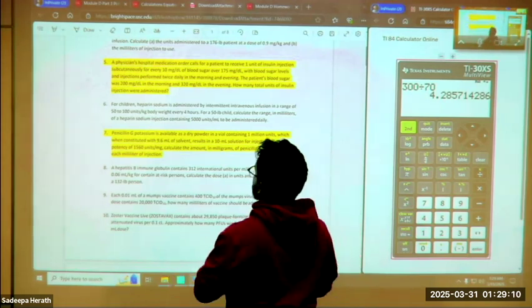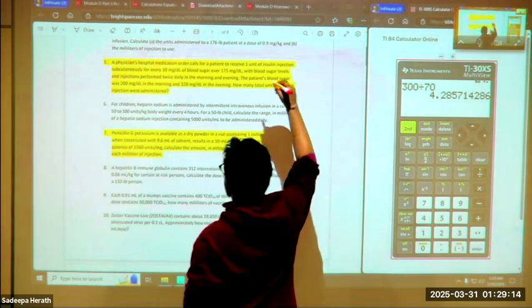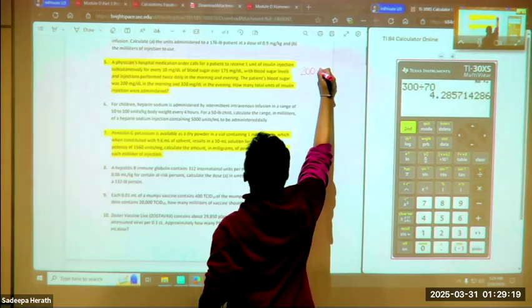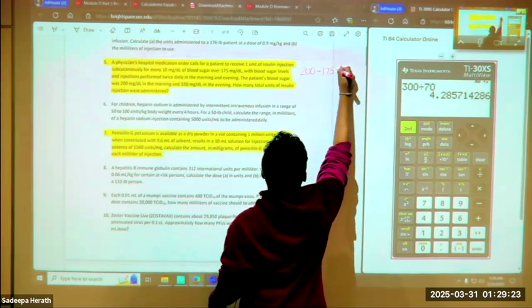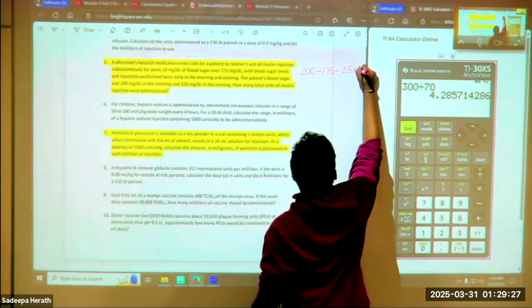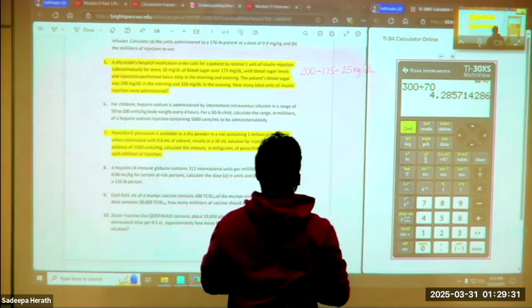Okay, let's do the morning's dose of insulin. 200 minus 175. The patient was over by 25 milligrams per deciliter of blood sugar.